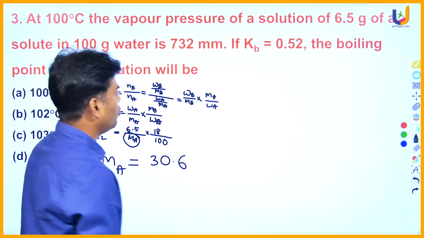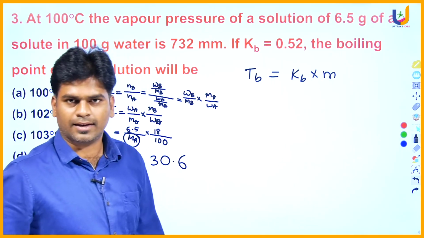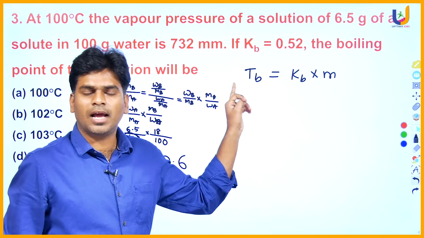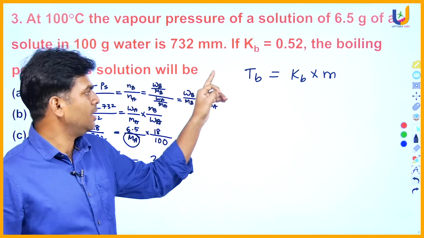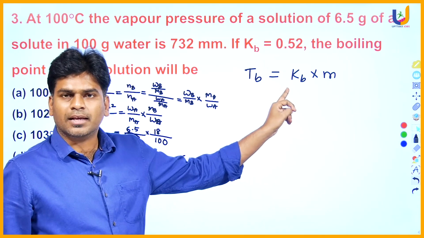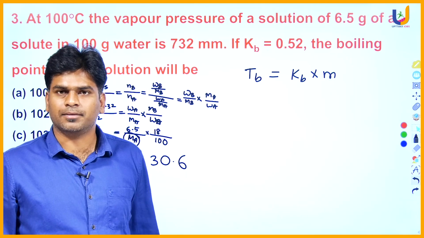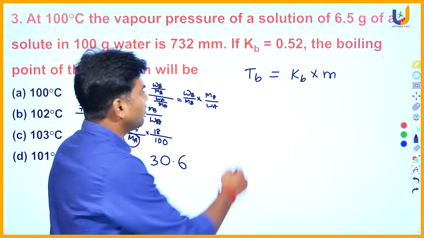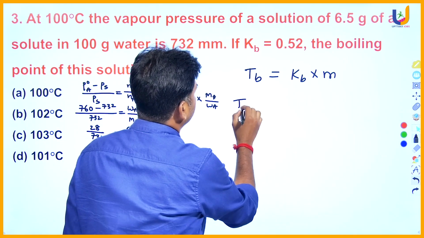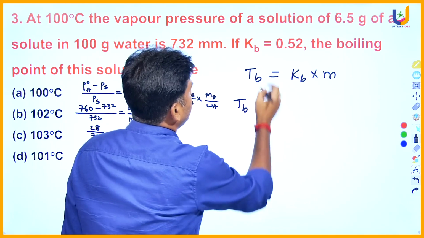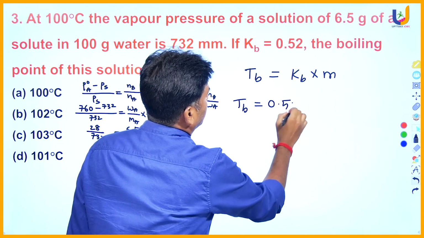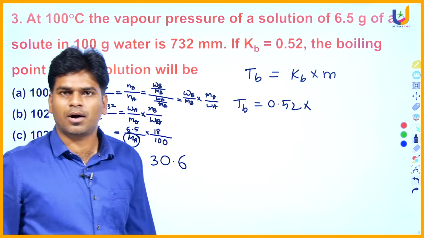Let's see here, continuation: Kb into molality. So the elevation in boiling point, delta TB, is equal to Kb, that means the molal elevation boiling point constant, into molality. From that, first TB we don't know, Kb is 0.52 into molality. What is the formula of molality?